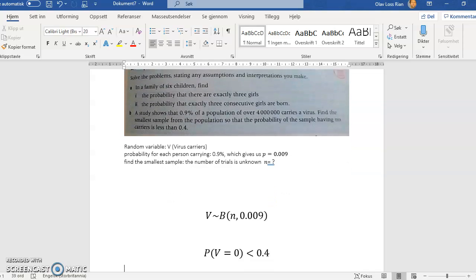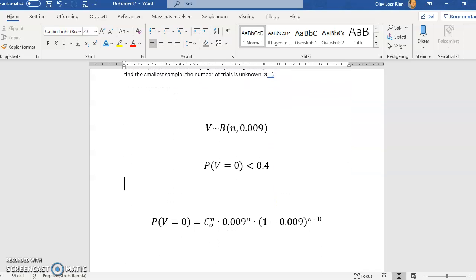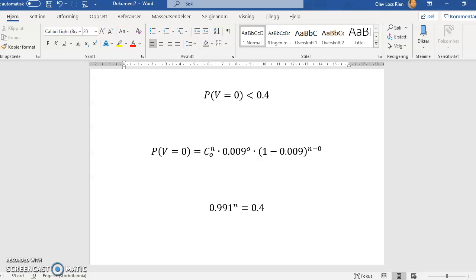And we've found, by applying the formula by hand, an equation down here that we can use to graph this problem. So we want to compare these two numbers: 0.991 to the power of n to 0.4.